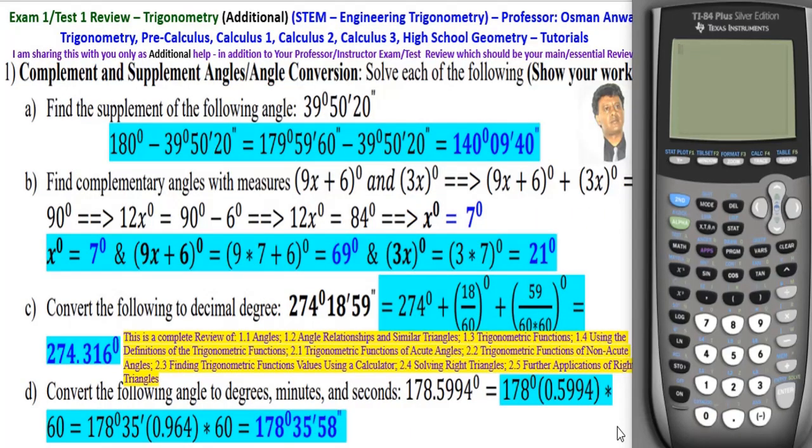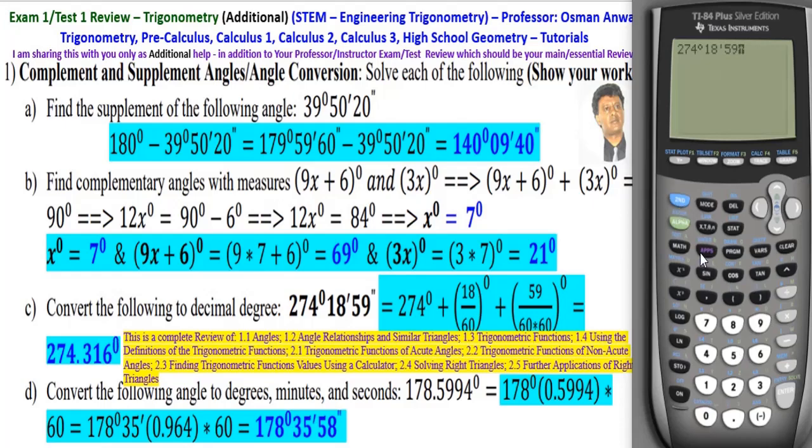For C, to convert to decimal degrees, simply enter the values as they are. So it is 274, second angle, degree, then 18, second angle, minute, 59.